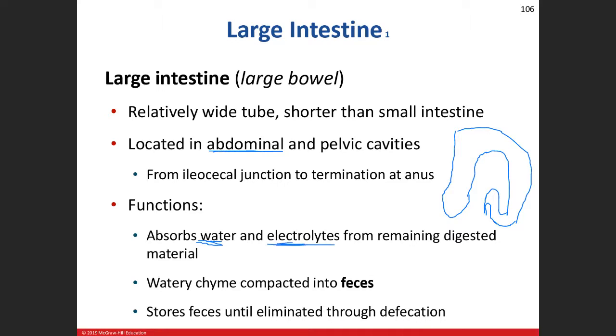But now that chyme is going to be converted more into the feces, which is going to be less watery and more of a solid. Eventually, we will prepare the feces for elimination, store it in the rectal area until enough has built up, and then eliminate the waste through the anus.